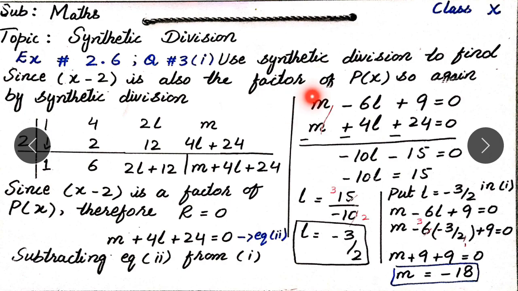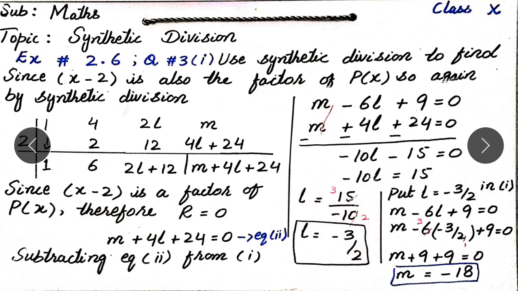You can see here that by cancelling one of the unknown values, we can find the other easily. We need the value of l, so we will keep l here, and minus 10 will be shifted to the other side of the equation. Between l and minus 10 we have a multiplication sign, therefore it will get divided on that side of the equation, and we will have the value of l as minus 3 upon 2.